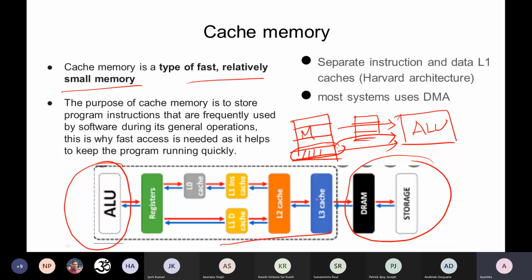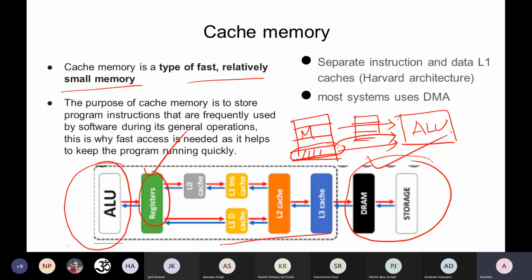But other than this cache memory, the fastest form of memory is the register. But this is costly. Whenever you see the architecture of a DSP processor or any processor architecture, you see the number of registers is very small, and register storage is also very costly, so we cannot support a large number of registers in our processor. Whereas this cache memory sits between the register and your actual memory storage.